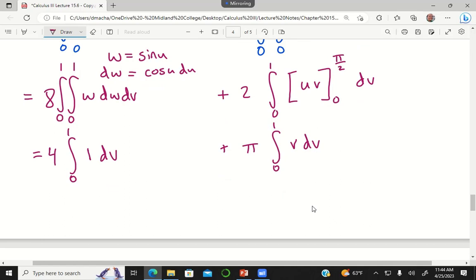And then if you make that a v and plug in 1, then this is just 4. And if you make that v squared over 2 and plug in a 1, then that is just pi over 2. Okay, so there's your answer. 4 plus pi over 2.